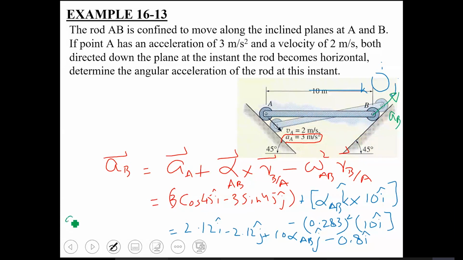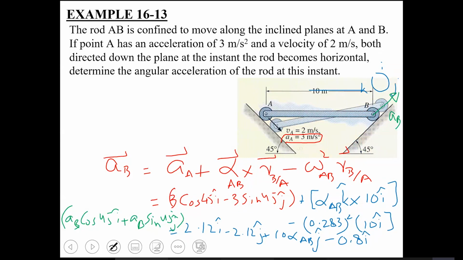So AB can be written as AB cos 45 i plus AB sin 45 j. और cos 45 या sin 45 0.707 होता है, so 0.707 AB i plus 0.707 AB j should be equal to 2.12i minus 2.12j plus 10 alpha AB j minus 0.8i.